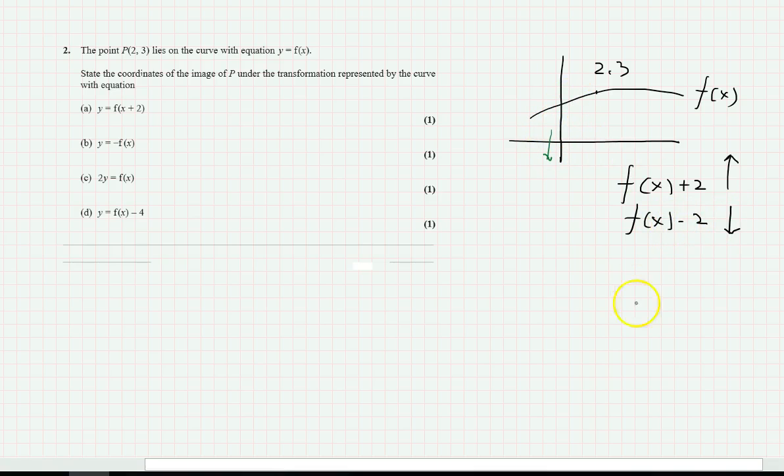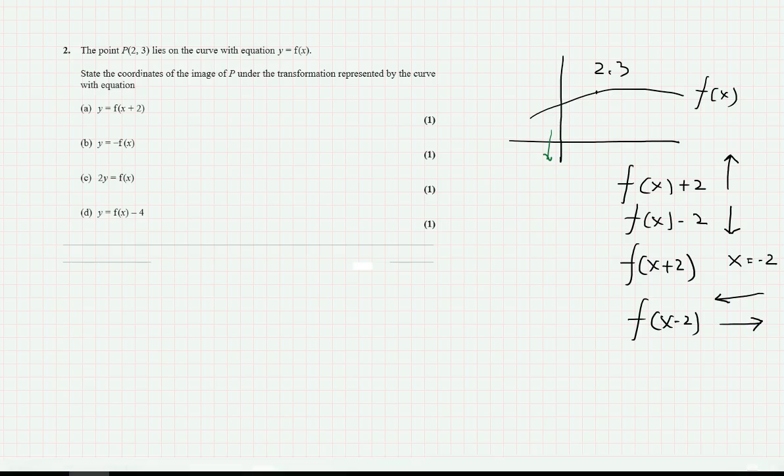If it is f(x plus 2), in that case if we put it equal to 0, you will get x is equal to minus 2. So it will move in the negative direction, negative 2. If it is f(x minus 2), if you put 0, x will be 2. So it will move in the positive direction.